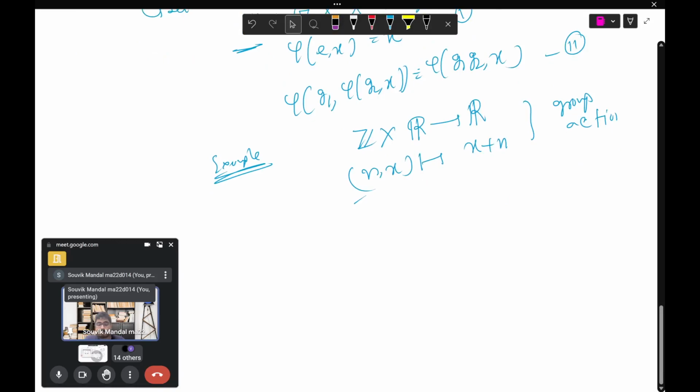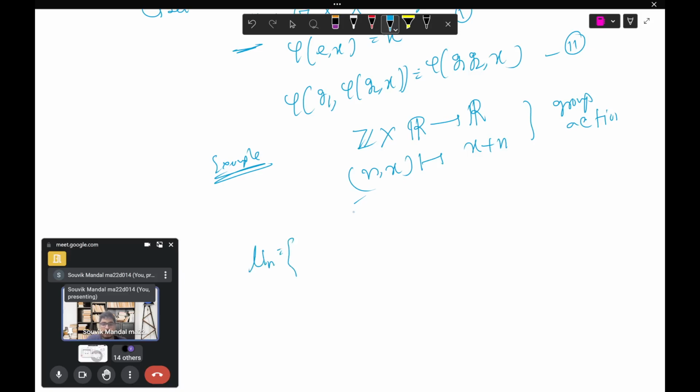Similarly, consider the following example. Suppose mu_n is the set of all z belonging to C such that z to the power n is equal to 1. Then this group mu_n acts on C as follows: (xi, z) goes to xi times z. So here is a group action.